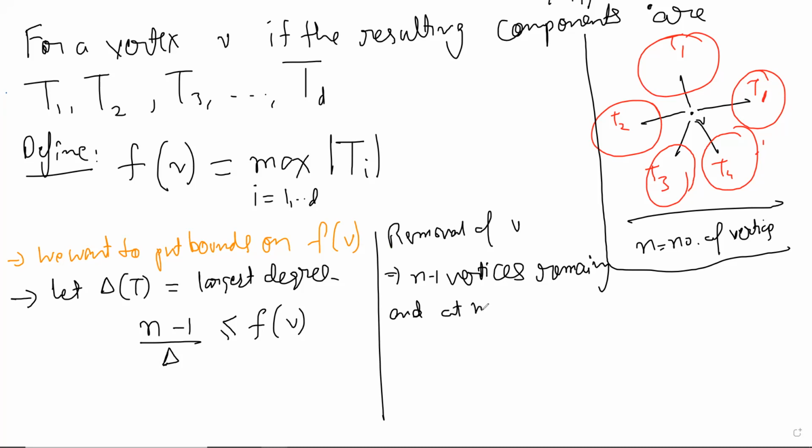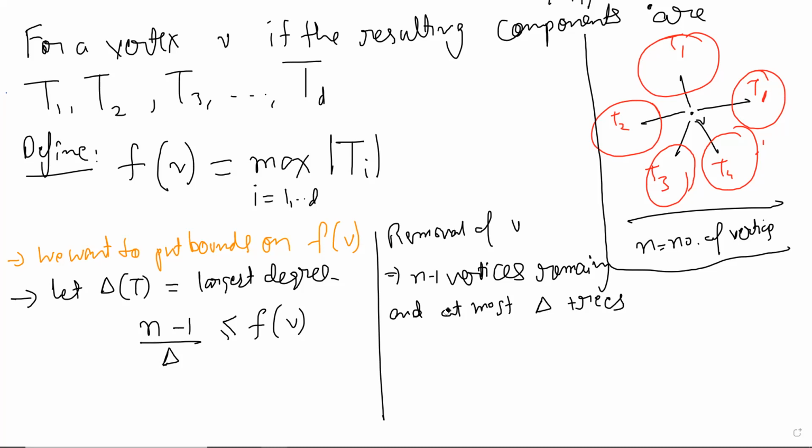At most delta trees. Does everybody agree with this? If you're removing a vertex V, then how many trees do you get? We have already said that: D components, D trees, which will be at most delta, because delta is the largest. Is that right?